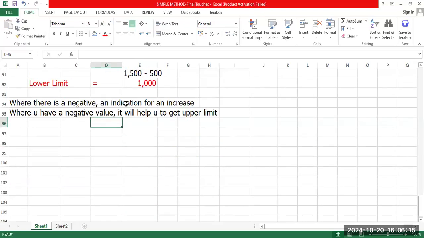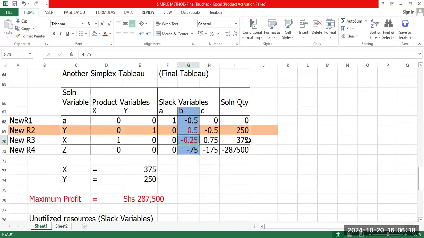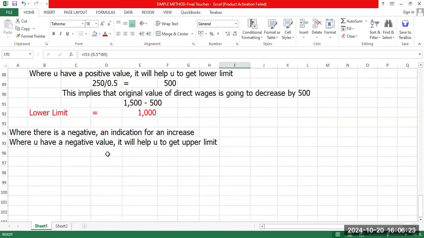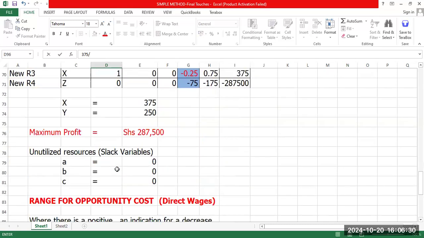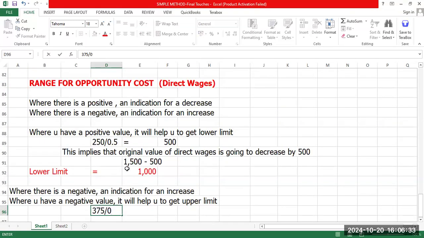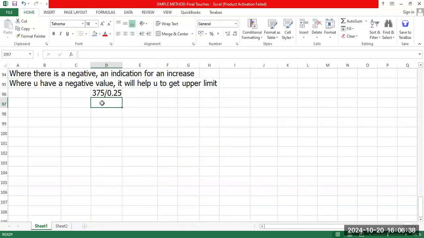Okay, so we do the working. We come back here. This value, 3750, we divide by 0.25. What do you get?